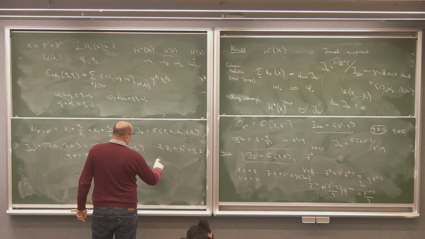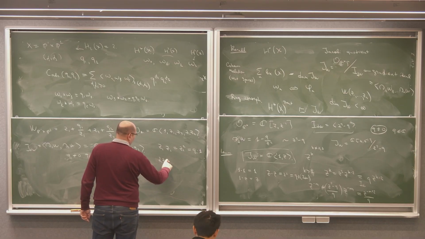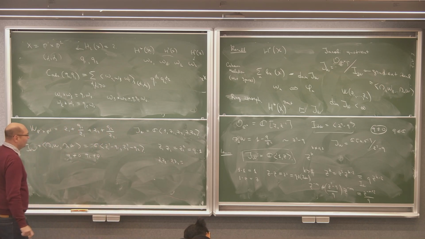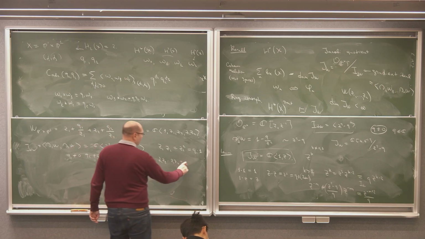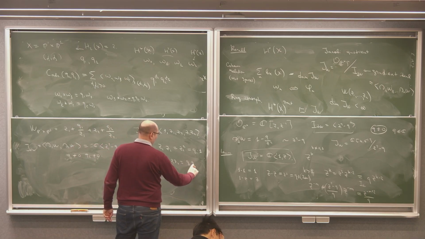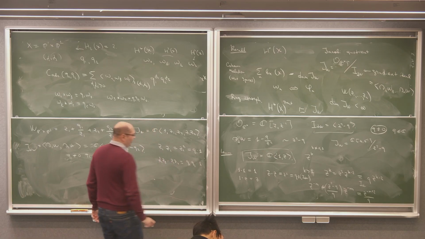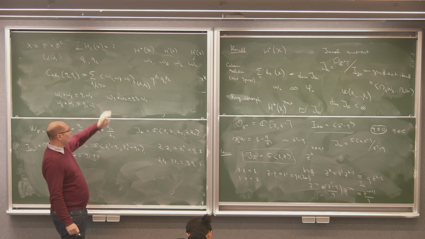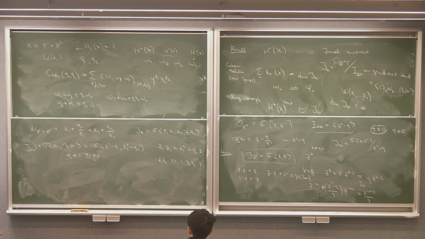And similarly, if you multiply Z1 times Z2 by itself, we'll get second power in Z1 and second power in Z2, and we can individually replace them by Q1 and Q2 times 1, and that gives us the same as the quantum multiplication in P1 cross P1.